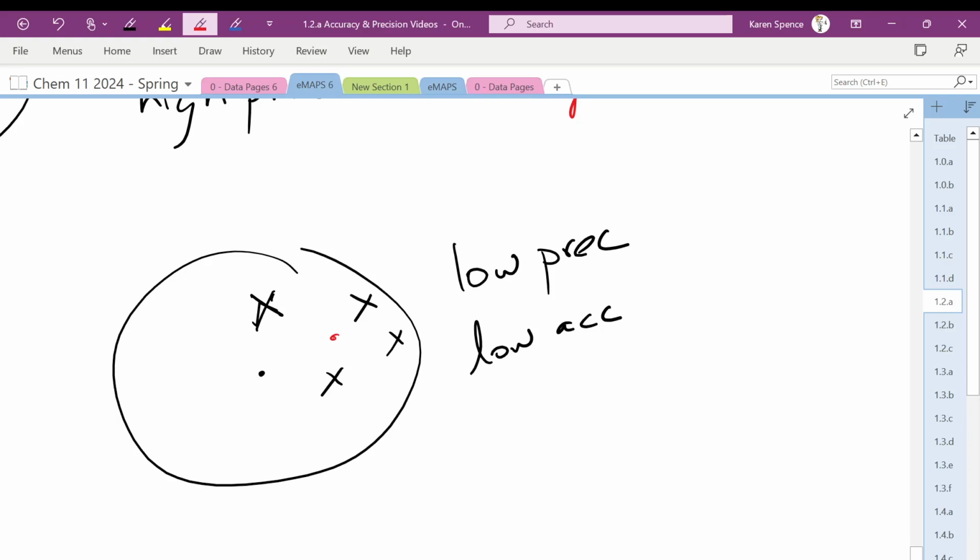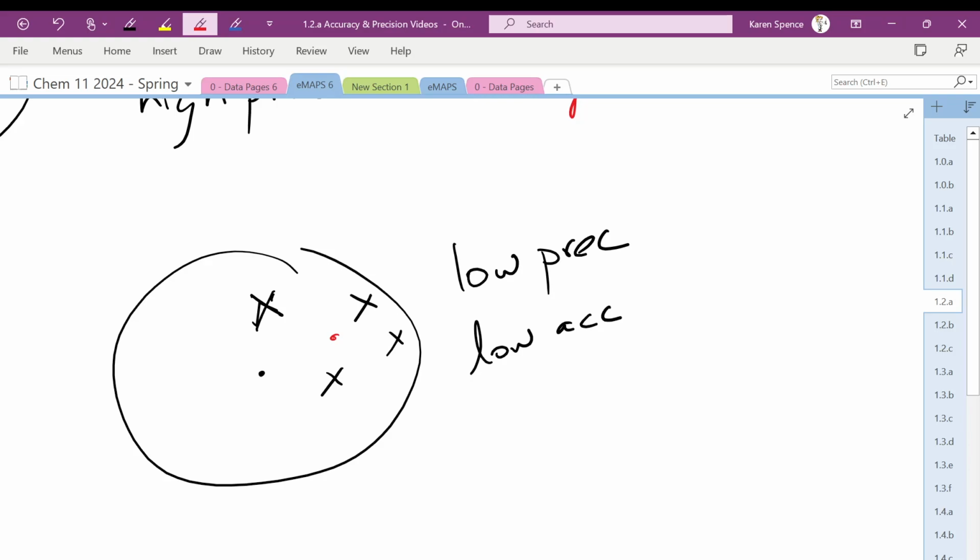So you have to think about that and think about where your average is going to be. Are we feeling okay about that? All right. Quiz on the average accuracy and precision on Friday.